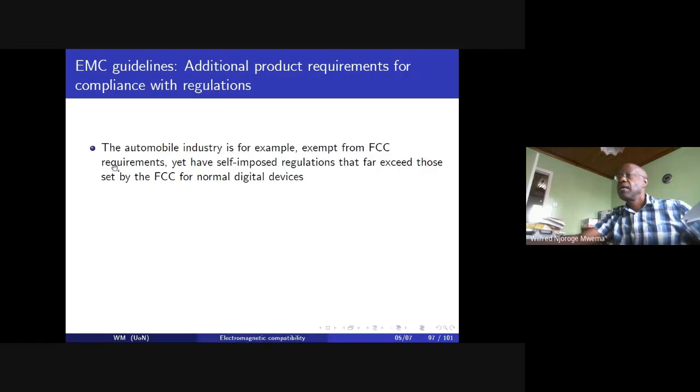And the automobile industry, for example, is exempt from FCC requirements, yet they have a self-imposed set of regulations that far exceed those set by the FCC for normal digital devices.